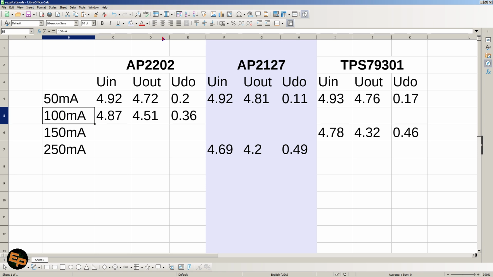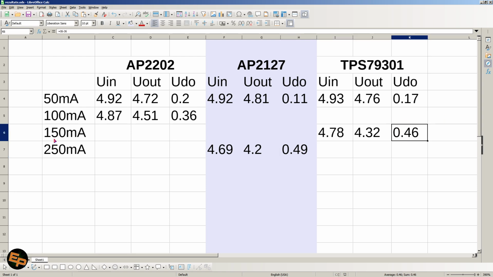At 100 milliamps, which is 50 milliamps less than the maximum current, AP2202 needs 360 millivolts of dropout voltage in order to perform regulation. At 250 milliamps, which is again 50 milliamps less than the absolute maximum current, AP2127 needs almost half a volt to perform regulation.